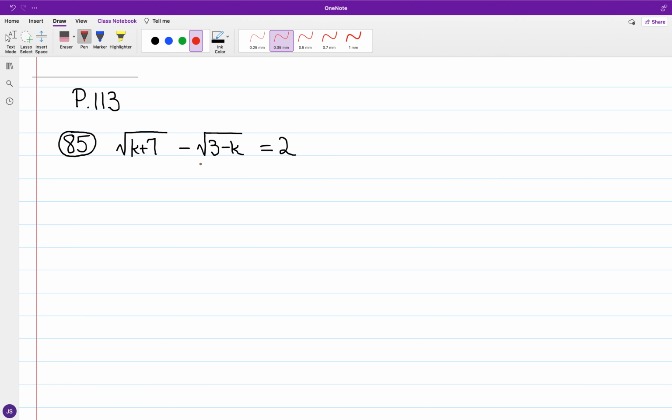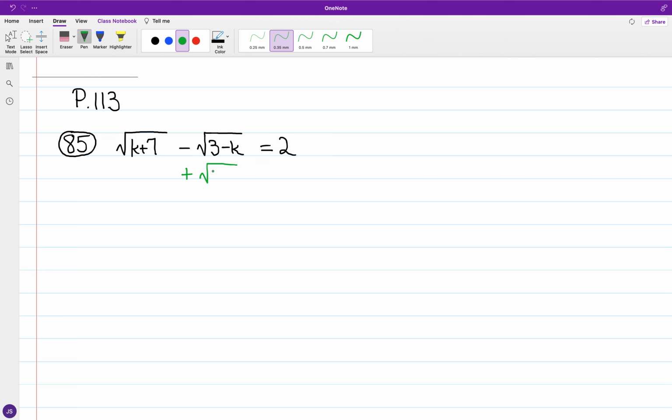Like untying a knot, you could end up getting things tangled up even more. So to make things as simple as possible, if we isolate the square root of k plus 7, we can add the square root of 3 minus k to the opposite side.